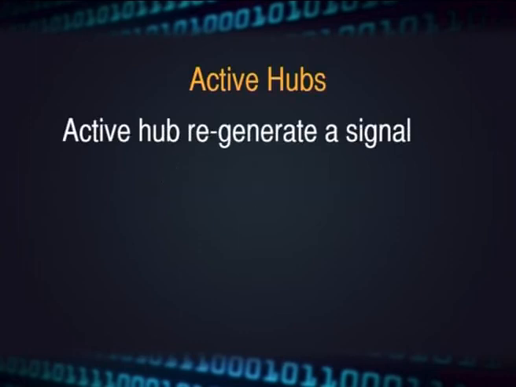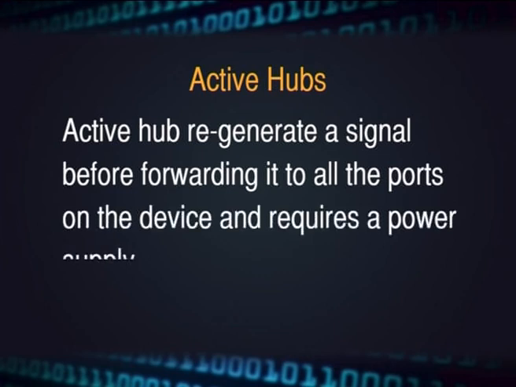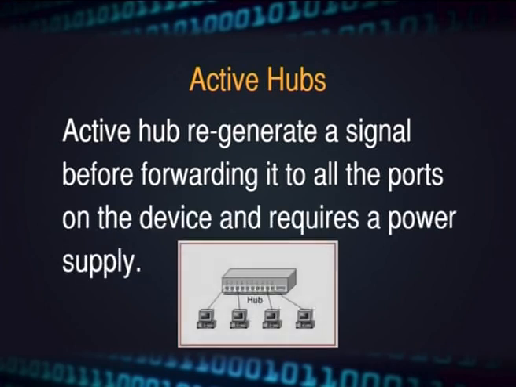An active hub regenerates a signal before forwarding it to all the ports on the device and requires a power supply. Due to the inefficiencies of the hub and the constantly increasing demand for more bandwidth, hubs are slowly but surely being replaced with switches.